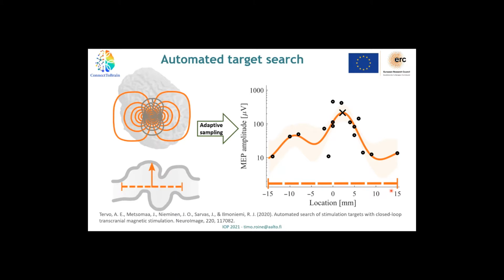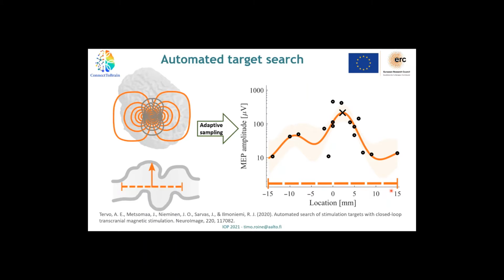So as we are able to electronically control the stimulation location and orientation, we can develop this kind of automated algorithms for the target search of the motor hotspot, but also for other hotspots.